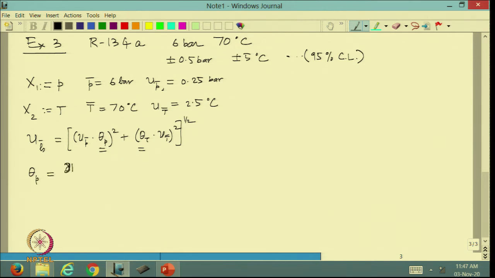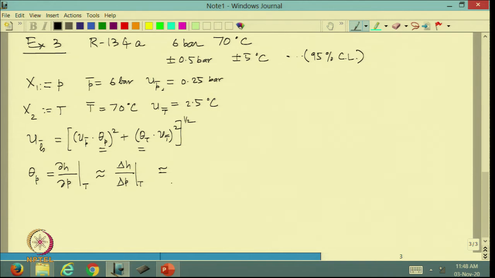This is dH by dP at constant temperature, which we will now approximate as a finite difference, delta H by delta P at constant temperature about the point T bar.